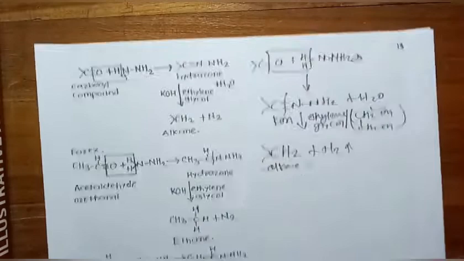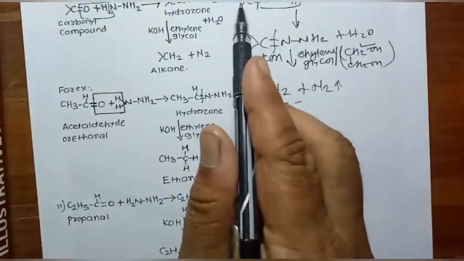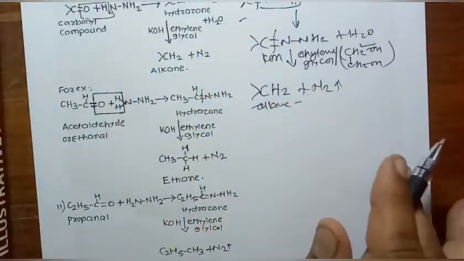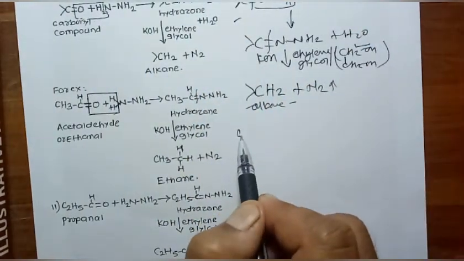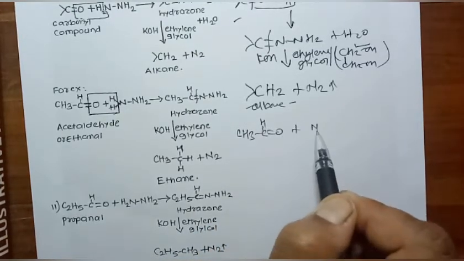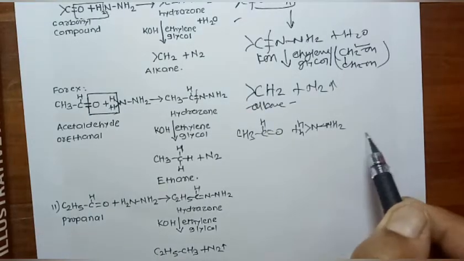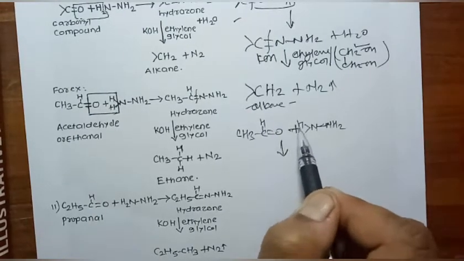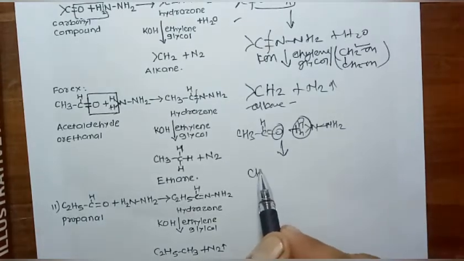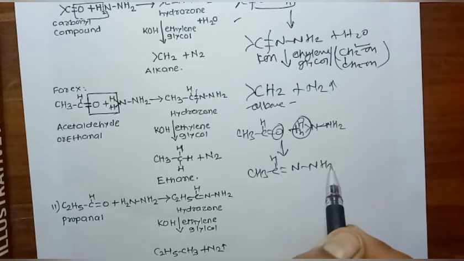Now for example, acetaldehyde, CH3CH double bond O. The product is the same as that of Clemmensen reduction, but the reducing agents are different. This oxygen combines with these two hydrogen atoms and it gives CH3CH double bond NH2.